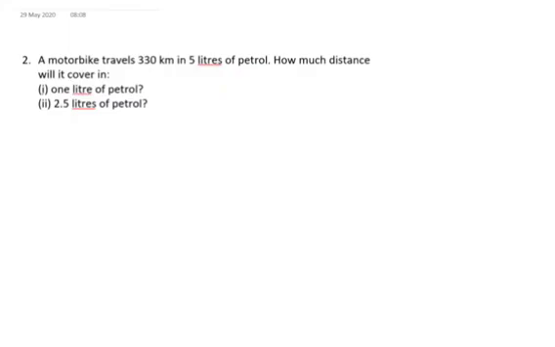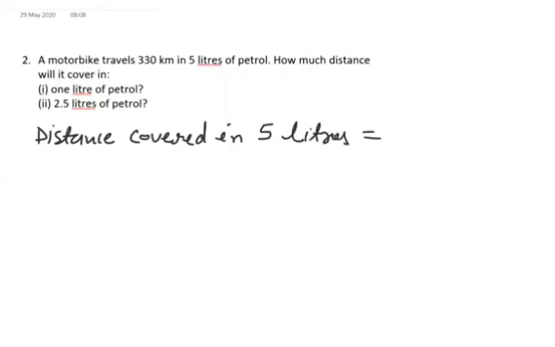The second question says a motorbike travels 330 kilometers on 5 liters of petrol. How much distance will it cover in 1 liter of petrol? So in this question, there is a bike which is traveling 330 kilometers on 5 liters. So write, distance covered in 5 liters is equal to 330 kilometers.